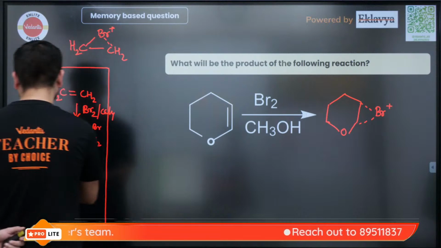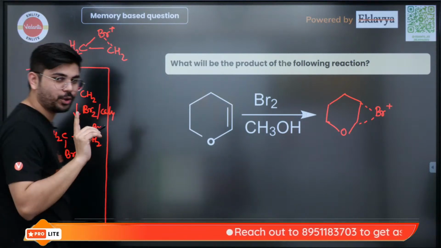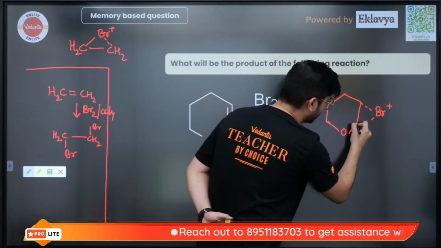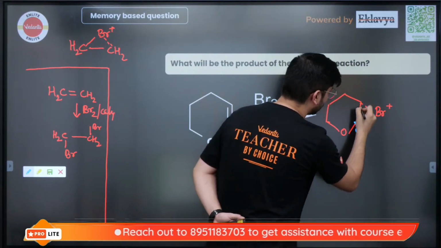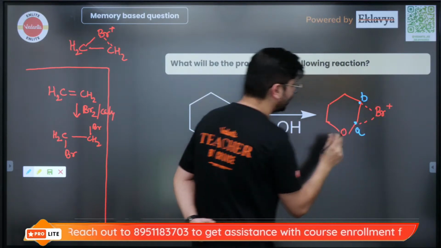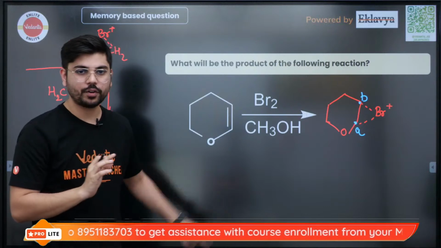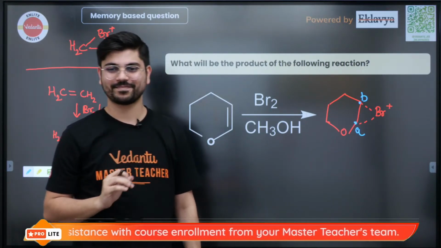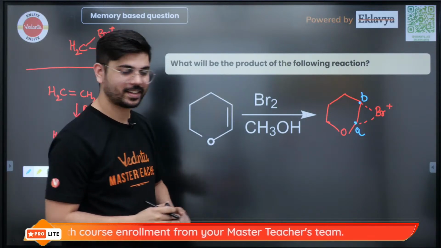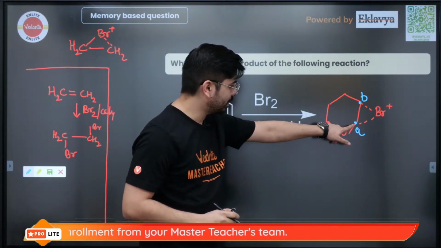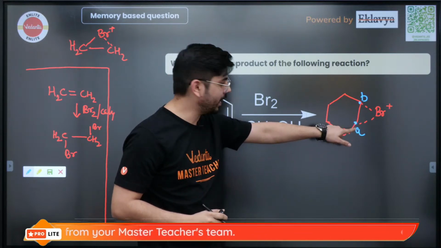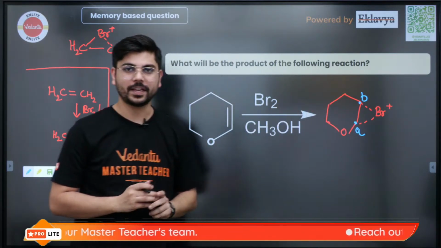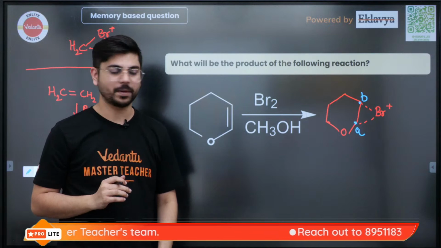Now, my question to you is, let's say this carbon is A, this carbon is B. On which carbon the carbocation will be more stable according to you? Tell me. On carbon A or on carbon B, the carbocation will be more stable.